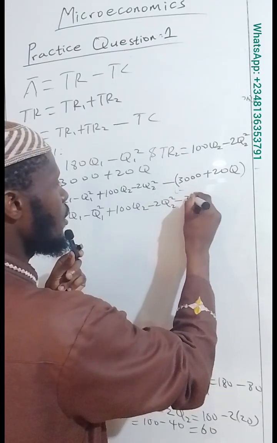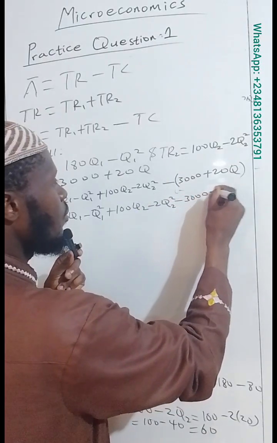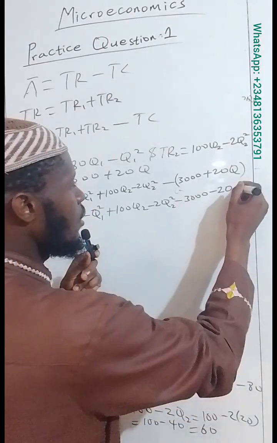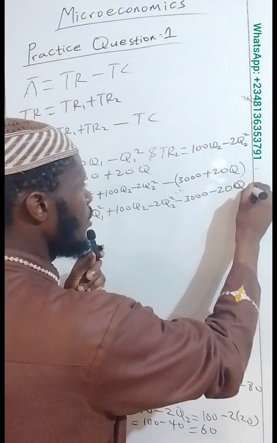So we are going to have minus 3,000 and minus 20Q.